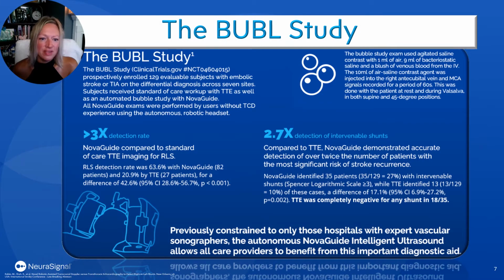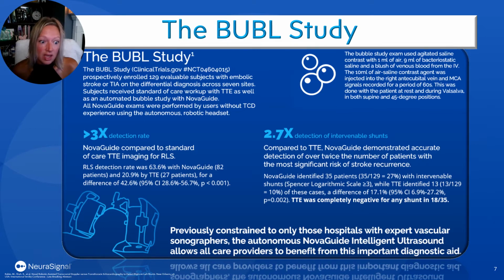The clinical evidence behind TCD bubble exams is well established. You can see here in our recent bubble study, 3 times the detection rate was found on TCD versus TTE. The NovaGuide robotic system was used to detect these right to left shunts.